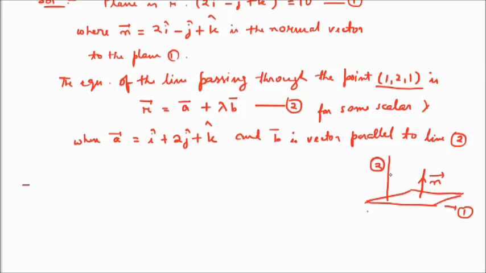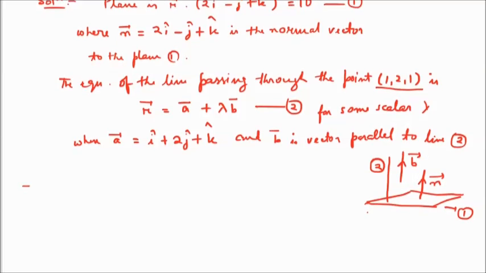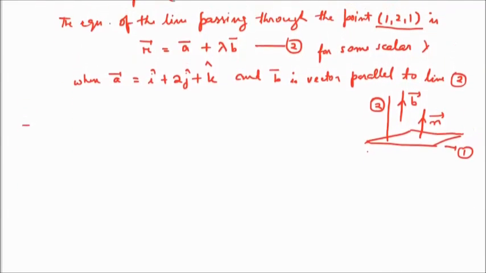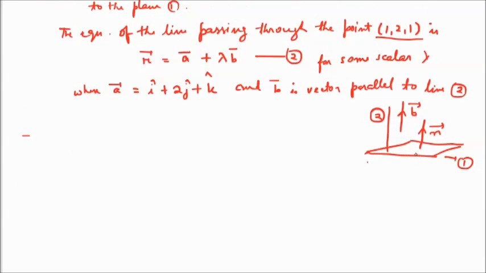Now according to my construction for equation number 2, this line 2 is parallel to the b vector. So this b vector will be something like this, parallel. From the figure it is very clear that the normal vector to the plane and the b vector which is parallel to the line, they are parallel.